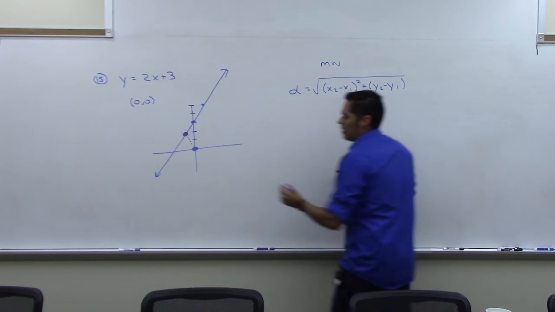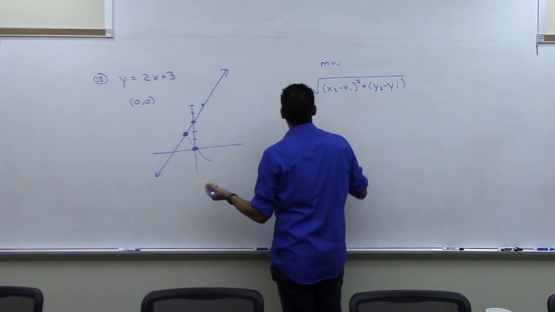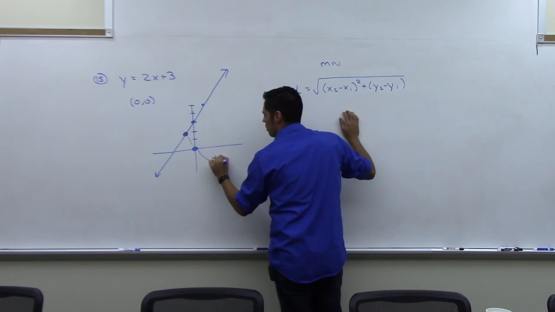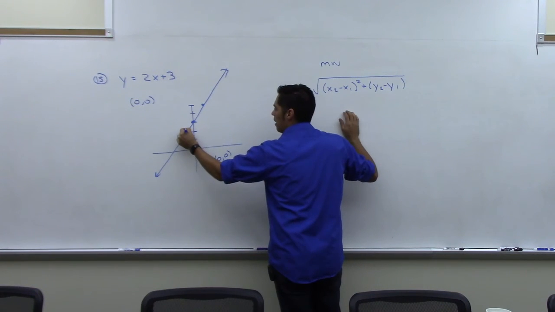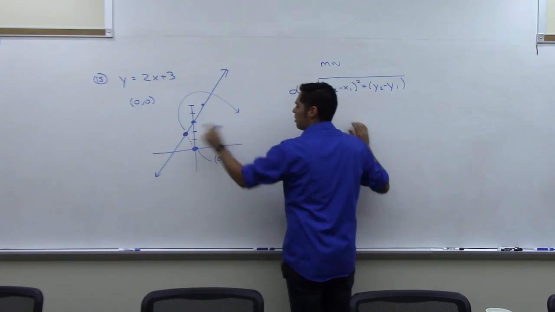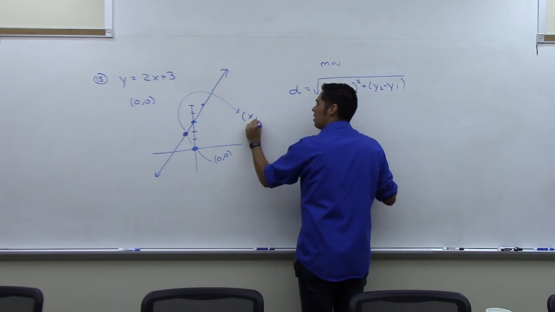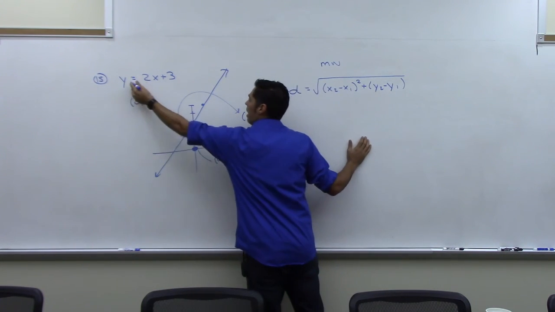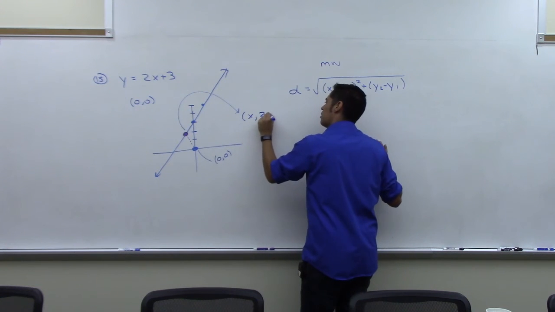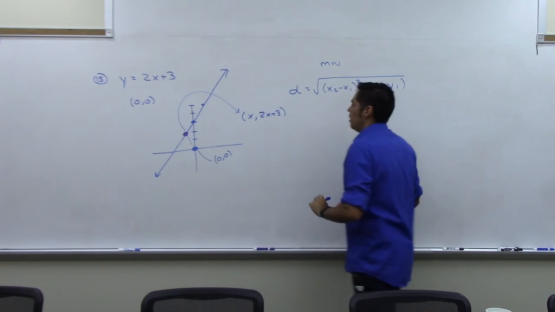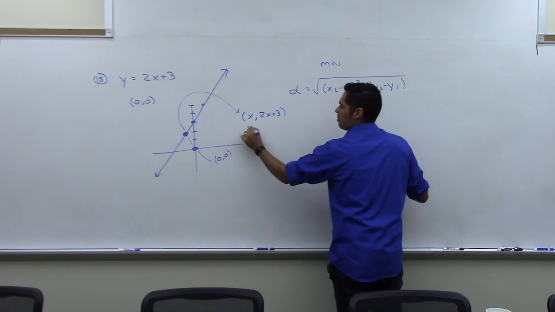But we know something about these points. This point right here, which I could call my x1 and y1, that's 0, 0. And this point right here, since it lives on that line, has as its coordinates x, and then the y is going to have to follow that formula, so 2x plus 3. So this is my x2, y2.